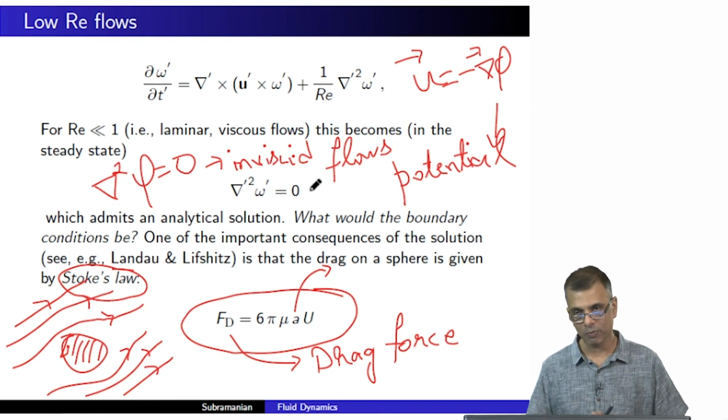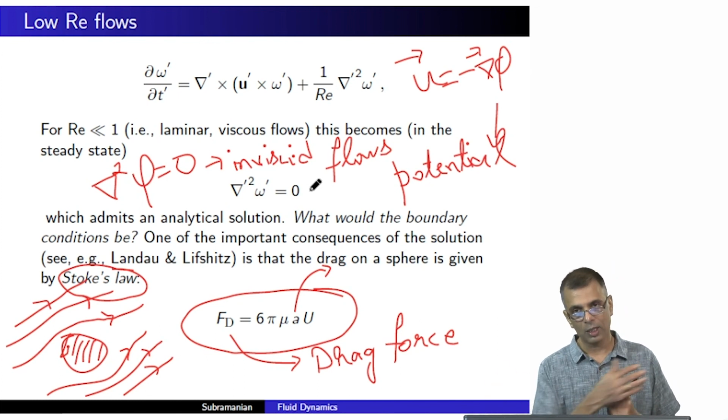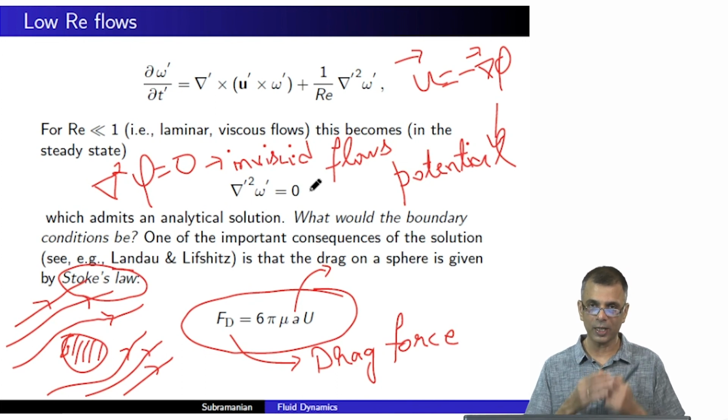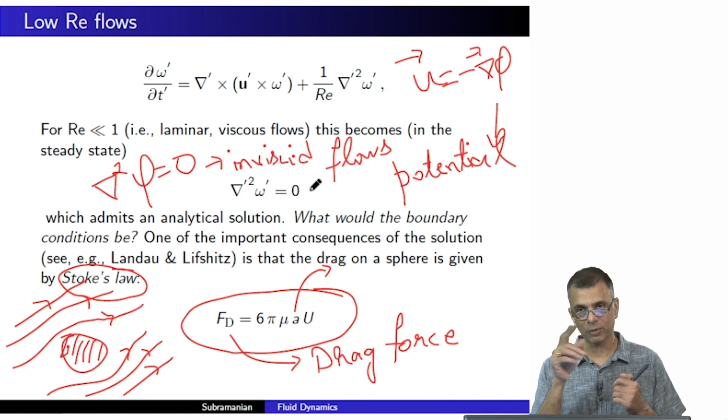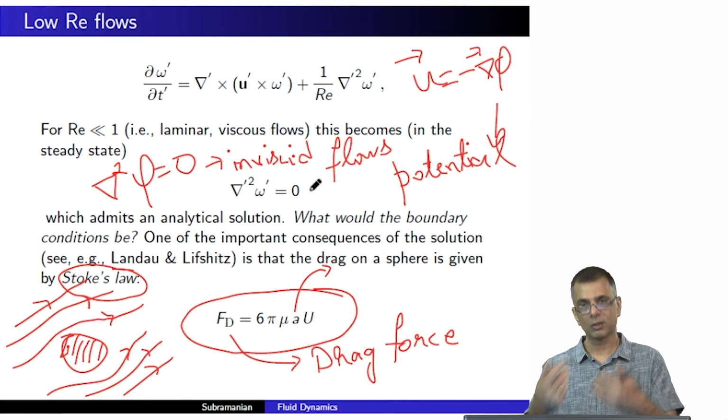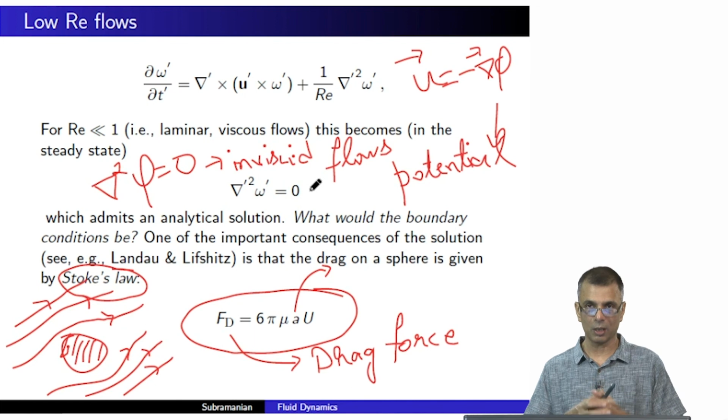For instance, a car or an airplane starts out slow and then accelerates. So when it's slow, the Reynolds number is relatively low because the u is small, right? But after it picks up speed, the u becomes large enough that the u times L becomes appreciable in comparison with the nu in the denominator, so the Reynolds number becomes high.